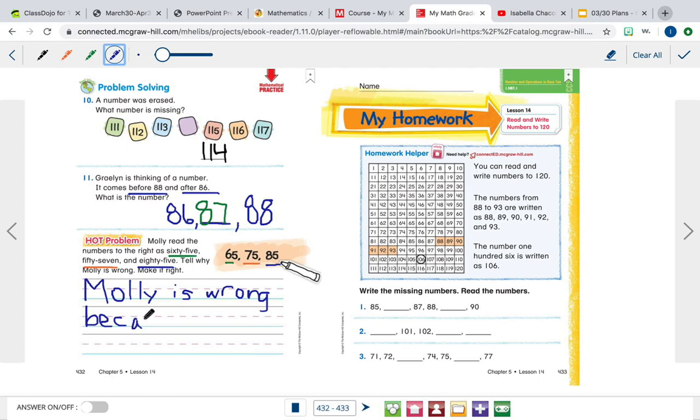So you can write this on a piece of paper or tell your parents why you think this is wrong. Why did Molly read these wrong? She read 65, 57, and 85. We know she's wrong. But I want to know why she's wrong. Why did she read it wrong, okay? So that's kind of like your homework for today.